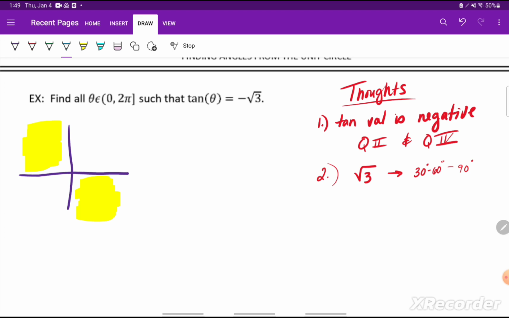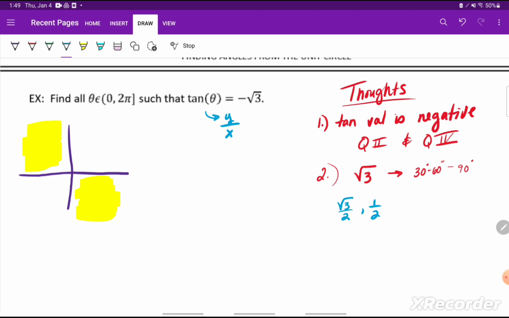The values of our sides in a 30, 60, 90 triangle are square root of 3 over 2 and a half. Now I have to figure out what combination works. Tangent is y divided by x. So I need to decide, is y square root of 3 over 2 and x is a half, or is x 1 half and y is square root of 3 over 2?